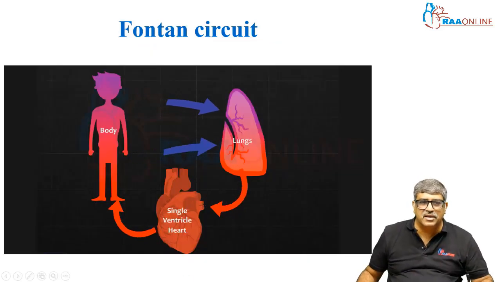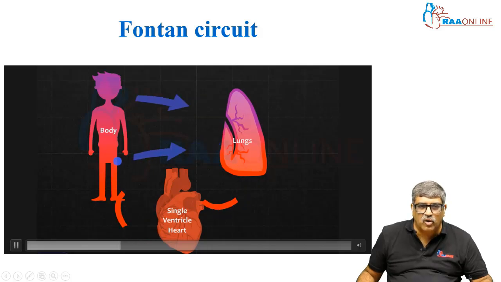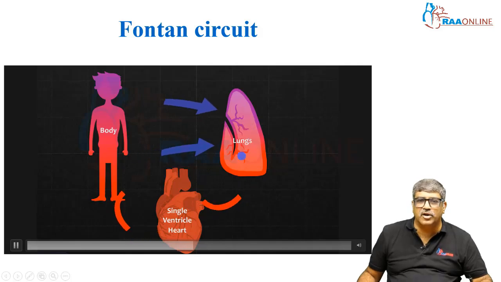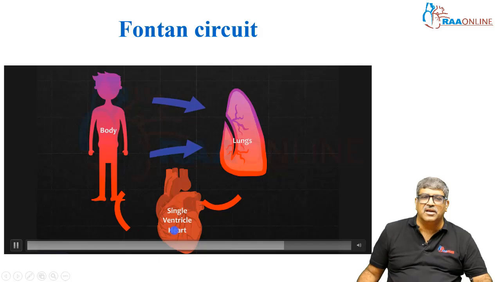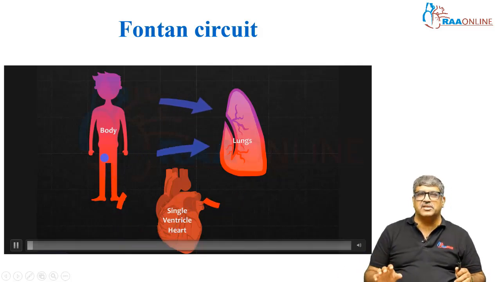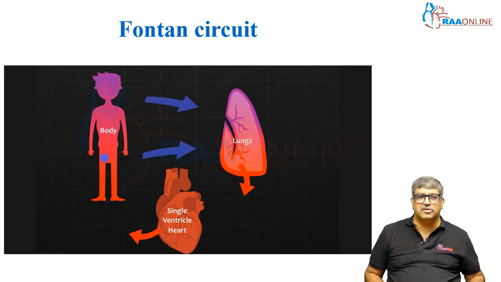Here you can see the systemic blood from the lower and the upper part of the body bypasses the right ventricle and goes into the lung through the pulmonary artery, and from the lung it returns to the single ventricle, and this single ventricle pumps the blood into the systemic circulation. This is the Fontan circuit.